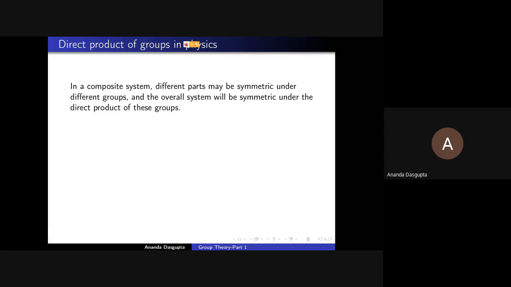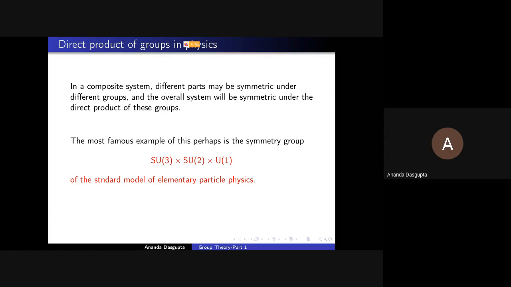Then what I have for the symmetry set for the whole system is a direct product of the original groups. And one such direct product is actually very, very famous. I'm pretty sure all students of physics have heard of it, if not already studied it. That's the SU3 cross SU2 cross U1 symmetry of the standard model of elementary particle physics, which is the closest we have to a theory of everything. Basically, here you have three different subsectors of particles, one set transforms under SU3, another transforms under SU2, the other transforms under U1.